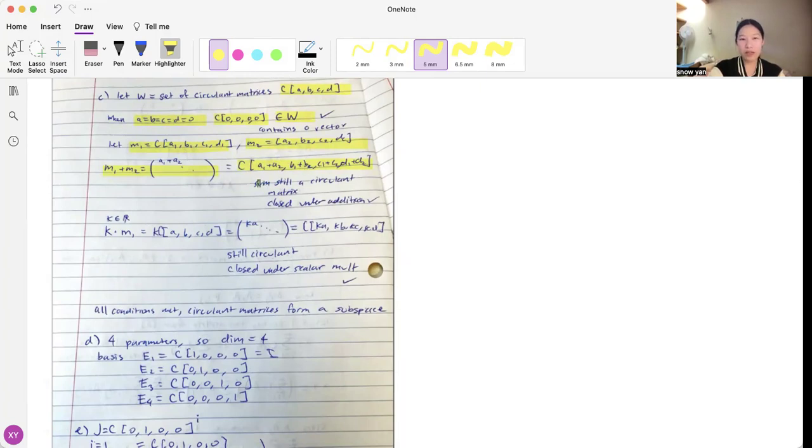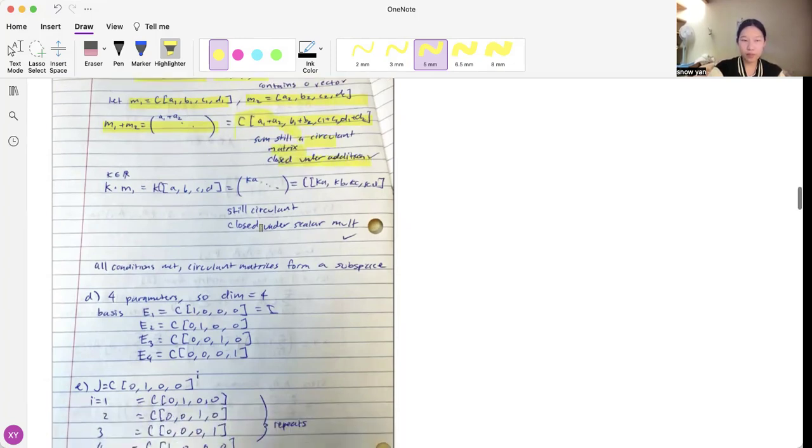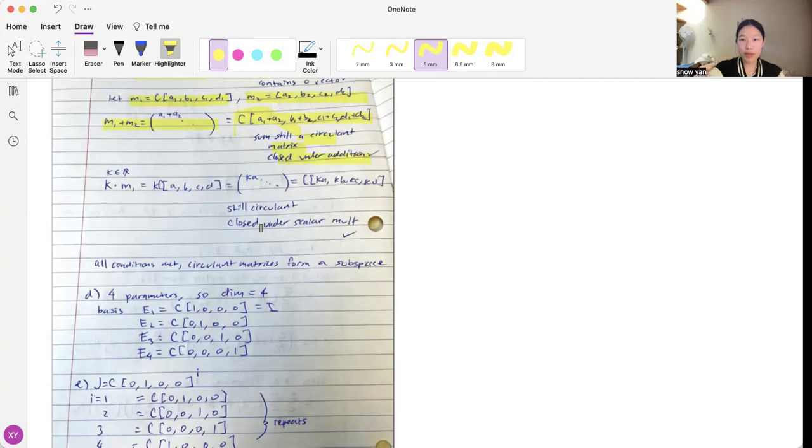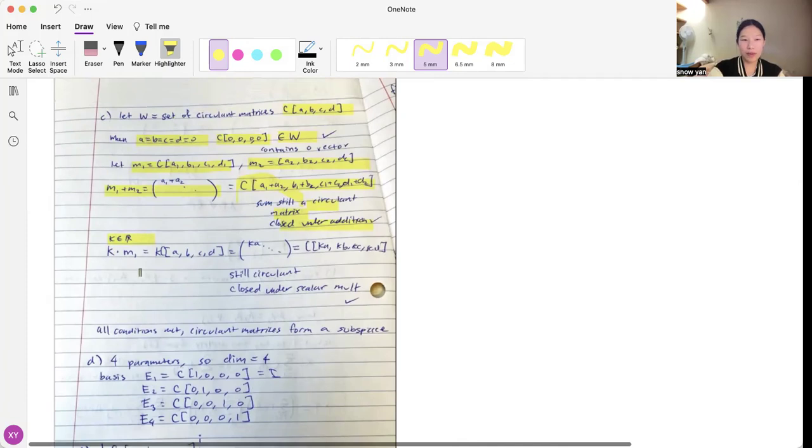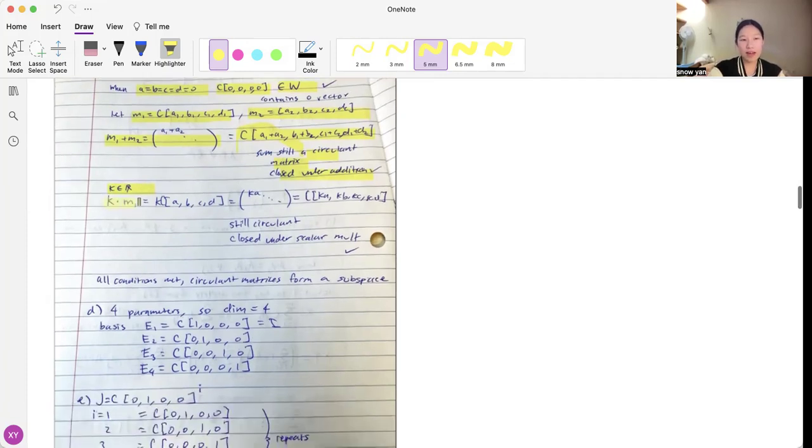So the sum is still a circulant matrix. So it's closed under addition because we can write it in this form. And it's the same story with scalar multiplication, because for any constant k, even zero, which is included because we already talked about that case, we have k times M1 equal to k times C(a, b, c, d).